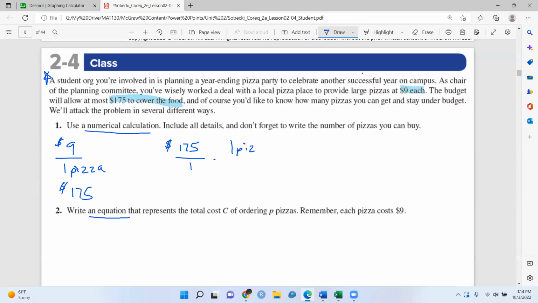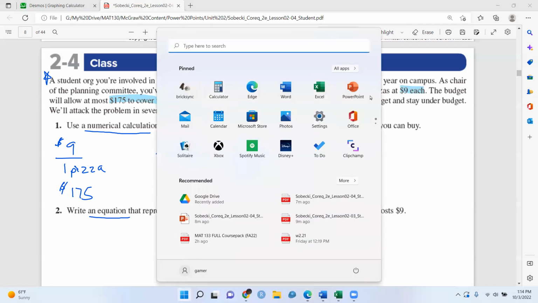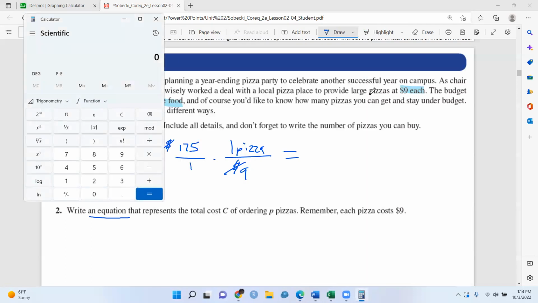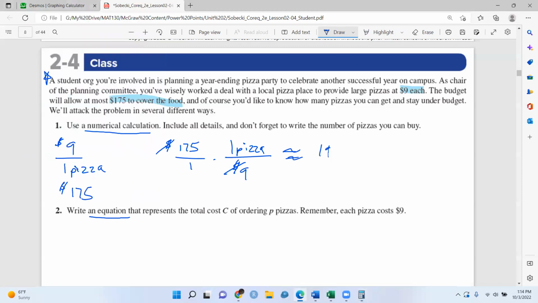And I could write it like this, which is exactly what Mike told us. And this would get us the number of pizzas. Notice the units of dollars would cancel and we'd be left with just pizzas. So that's 175 divided by 9, which is 19.444444 forever pizzas.